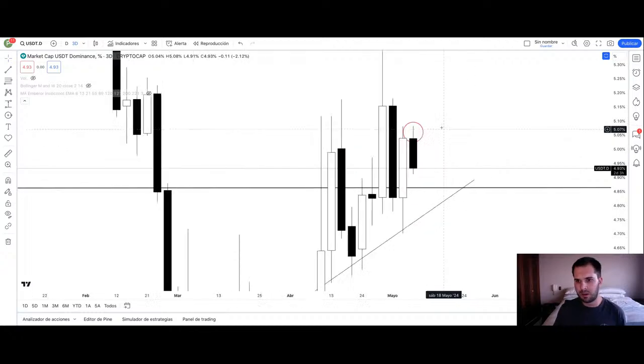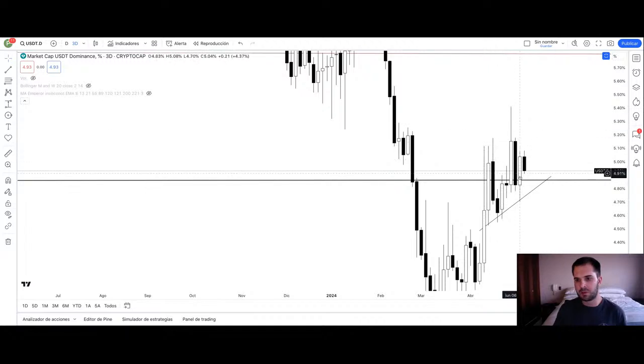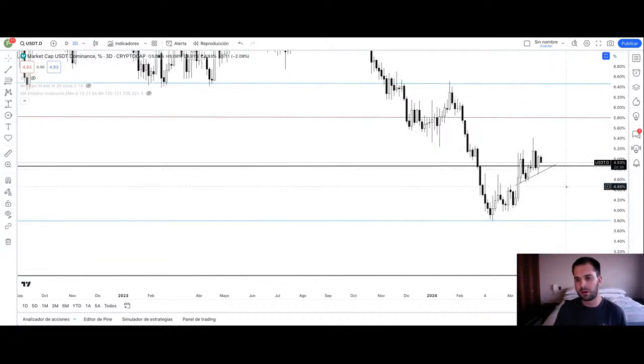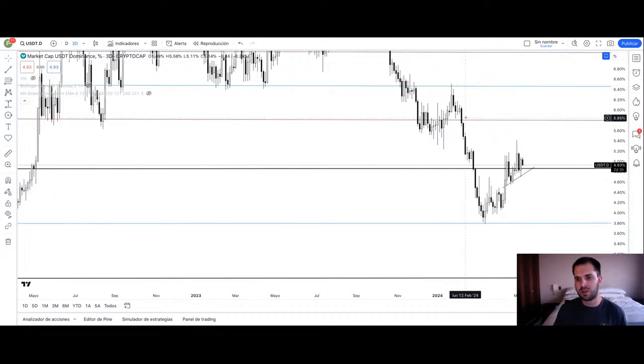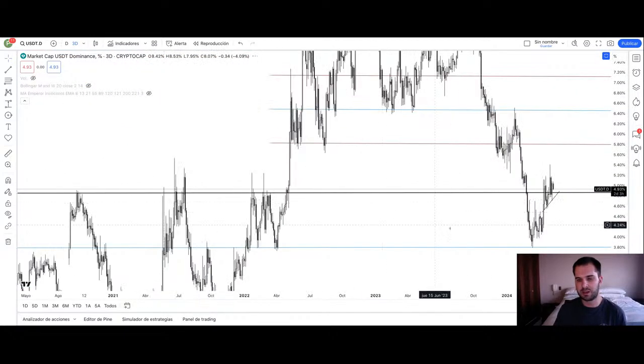But maybe we get a possible tweezer top here, confirming that this will be a local top on the USDT downtrend that we had and leaving this resistance behind us.